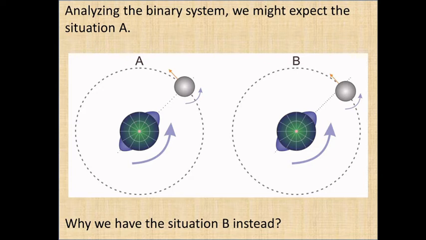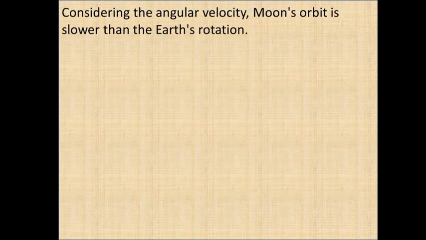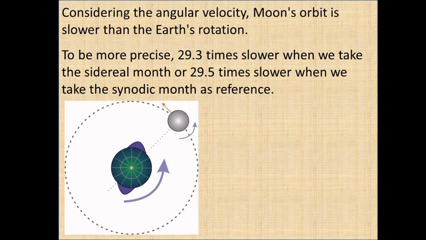It works as if the Earth was rotating ahead of the moon. And actually, that is what is happening. Considering the angular velocity, the Moon's orbit is slower than the Earth's rotation. To be more precise, 29.3 times slower when we take the sidereal month, or 29.5 times slower when we take the synodic month as a reference.